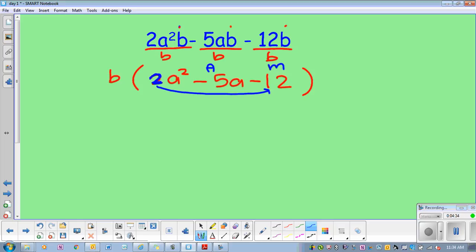A times C. So then that gives me my new M. What is 2 times negative 12? Negative 24. My A number still stays the same, which is negative 5. All right. What two numbers multiply to give me negative 24 but add to give me negative 5? 3, negative 8.